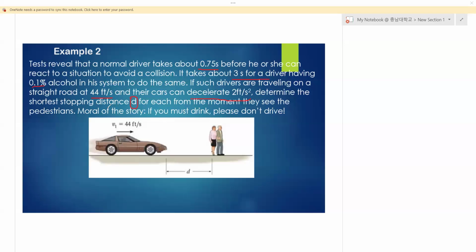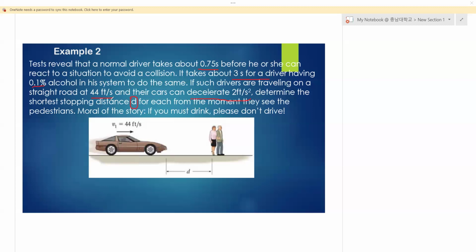And if these two people are driving at the same speed on a straight line, which is 44 feet per second, and they have to decelerate, that means they reduce the speed until they stop with a deceleration of 2 feet per second squared. So they want us to determine what distance each one has to go before they stop.